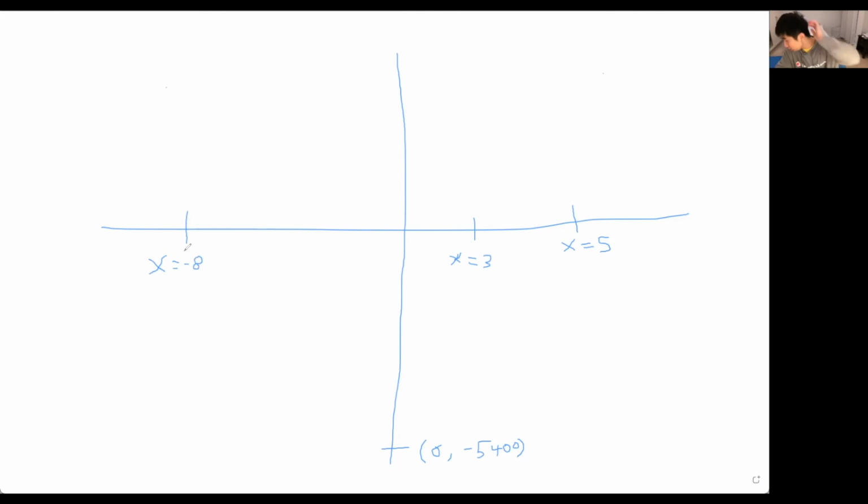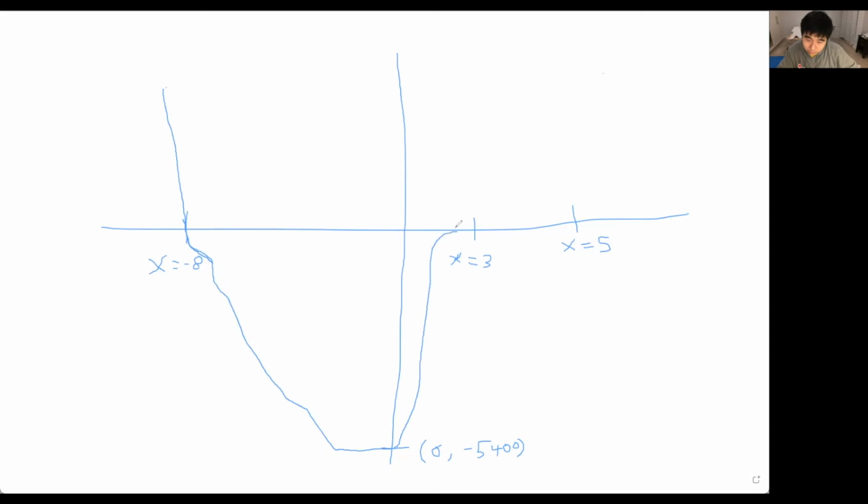All right, so we're going to start in quadrant 2. The order at x equals negative 8 is 1, so the function is going to go through negative 8 pretty straight. It's going to be linear. It's going to go through your y-intercept. It's going to go back up because it has to go through x equals 3. At x equals 3, the order is 3, which means the shape of the function is going to be cubic.